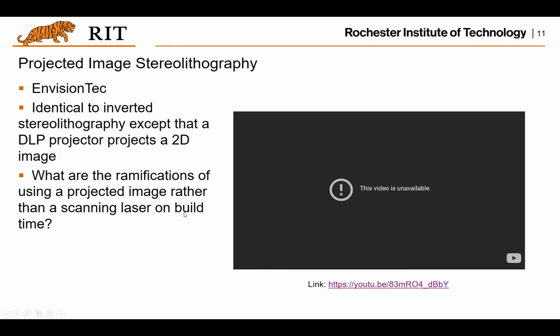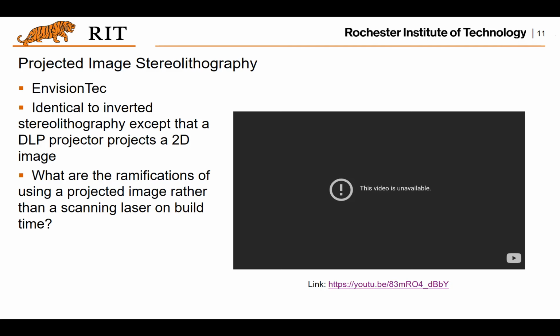Anyway, I think there is some other video available, but that is another process, which is the image projection-based stereolithography, developed by InventionTech. Oh, by the way, InventionTech was acquired by Desktop Metal just this year. The idea is different from the 3D Systems and Formlabs machines, which utilize laser scanning.